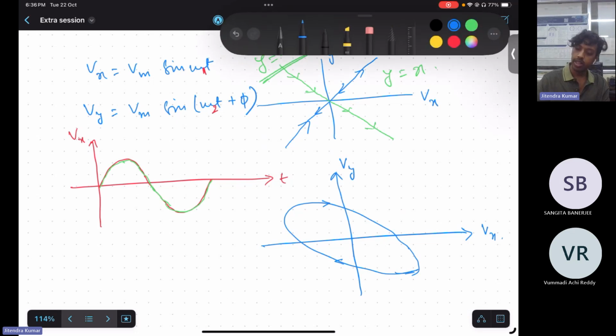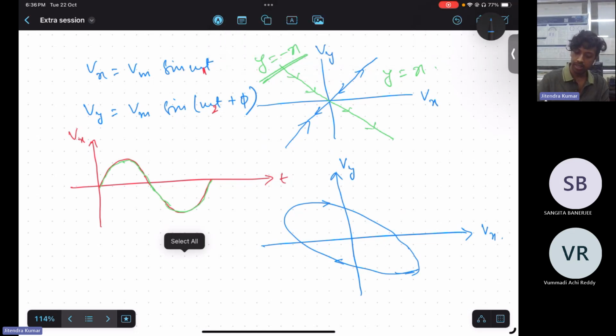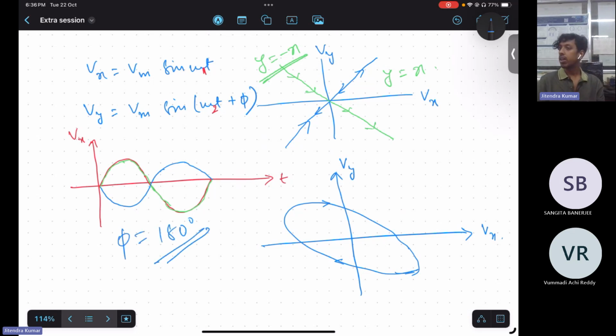So the next curve will be like this. So now from waveform also you could see that this phase shift is 180 degree, isn't it? That is why I was saying that only two cases persist for a straight line, either 0 degree or 180 degree, right? Any question here?